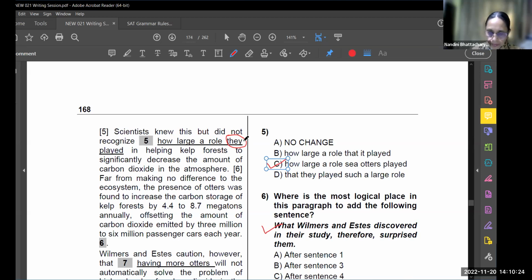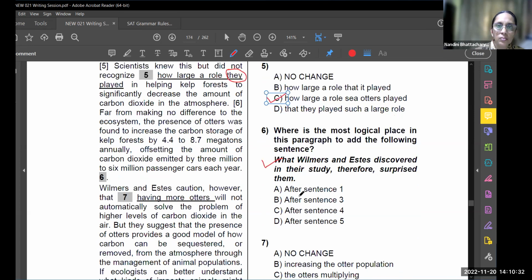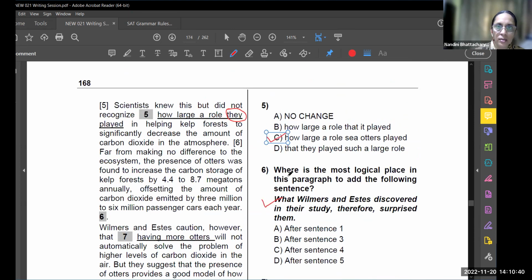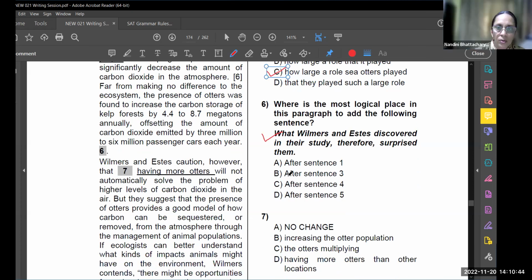Okay. Now anything else? Number 6, everyone's done? Yes, Sahas, have you done number 6? You haven't done this exercise? No, ma'am. Okay, anyone who has done number 6, was your reasoning correct?